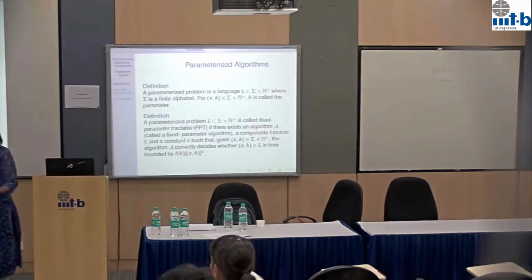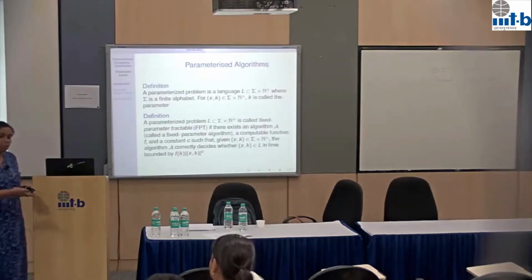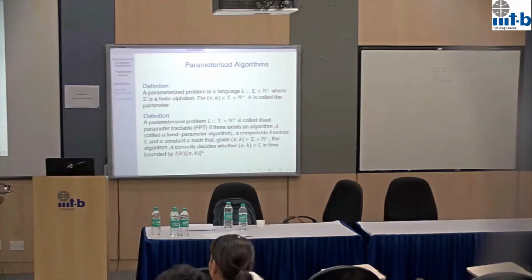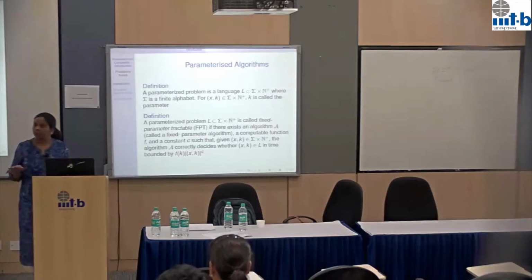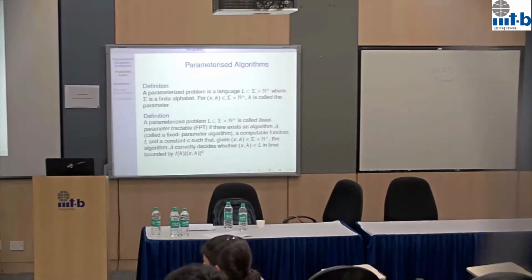You can find applications where some parameter is small. So it makes sense to use an FPT algorithm in such a case. Okay, so is the definition clear to all of you? And the value of a parameter.